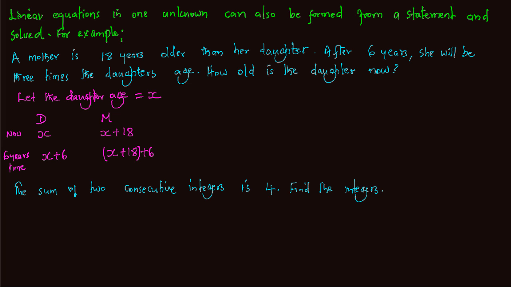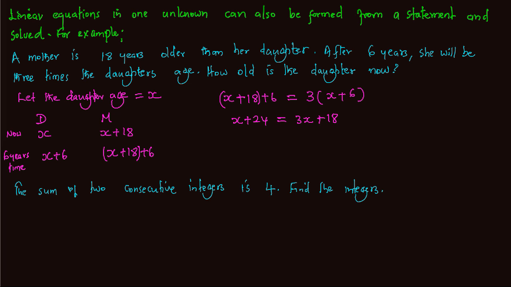So that means that the mother, x plus 18 plus 6 years, will be equal to 3 times the daughter's age, which is 3 times x plus 6. This becomes x plus 24 is equal to 3x plus 18. We collect the like terms.